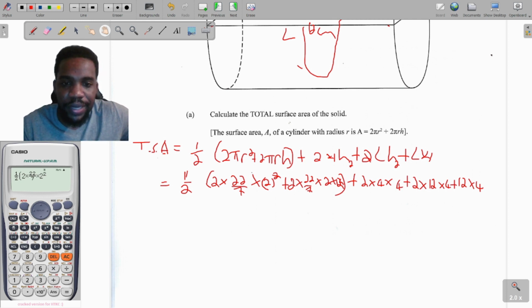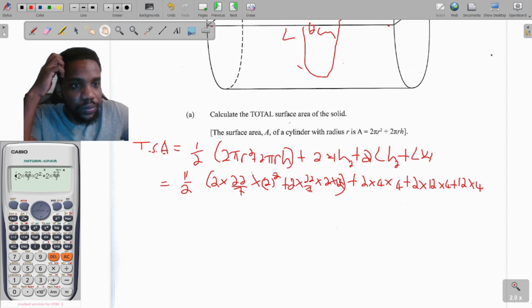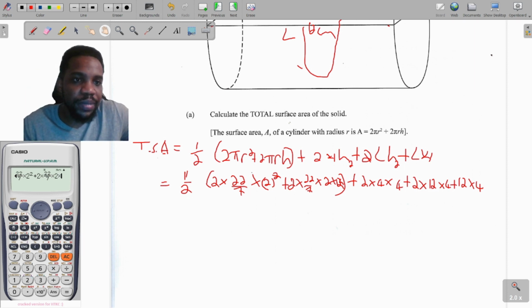So that's 2 pi r squared, plus this part, which is 2 times 22 over 7 multiplied by 2, multiplied by 12, equal. We got a very nice value here that is actually equal to 88. Wow. So let me go ahead and put that in. So I'm going to have 88 here.